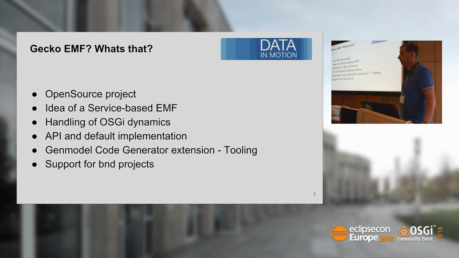So, why do I want Gecko EMF and not use, for instance, the supplement bundle and the plugin.xml? Gecko EMF at first is an open source project of our company, and the idea behind Gecko EMF is to use ResourceSets as a service, as we are used to using services in our OSGi environment.